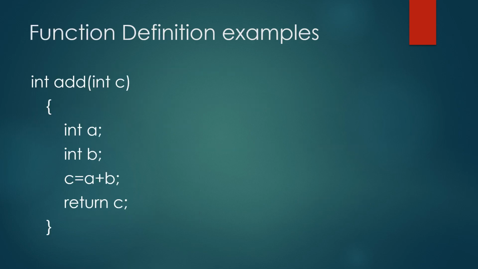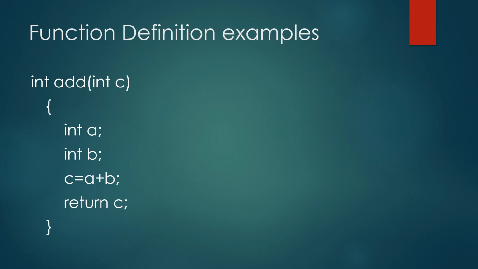See here, this is the example for a function definition. The function prototype has been declared as int add, and inside the argument we have given int c. So here the initial int is called the return type, add is the function name, and inside the brackets you have given int c, which is called an argument.